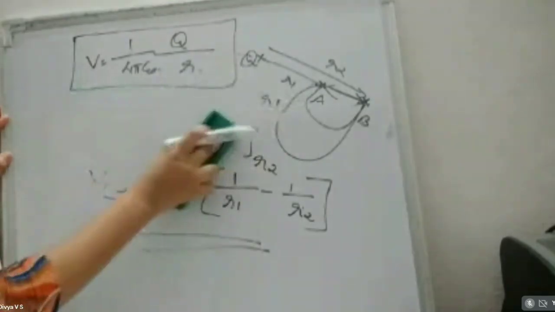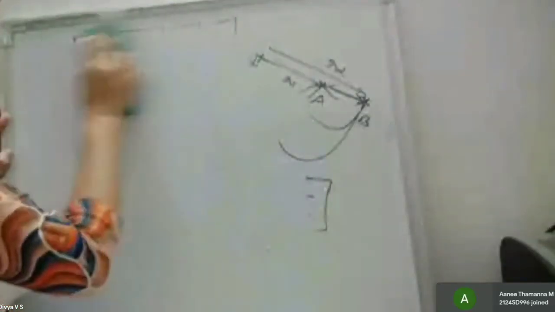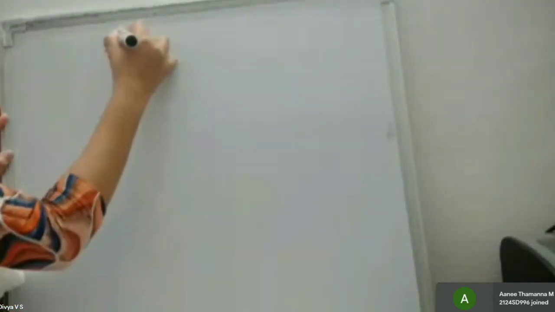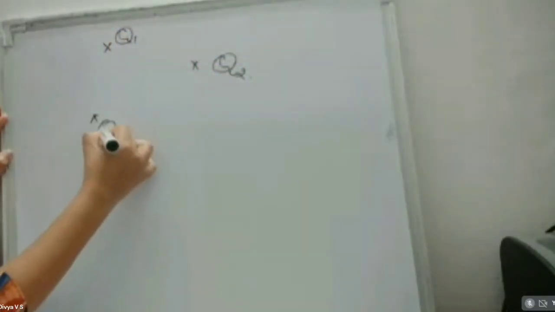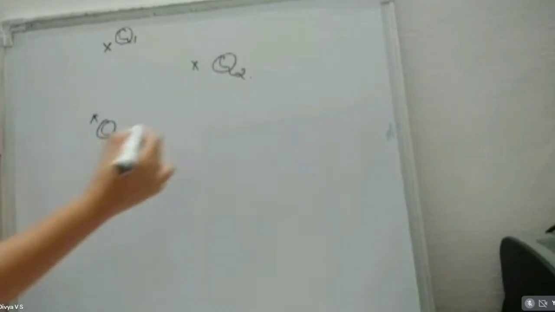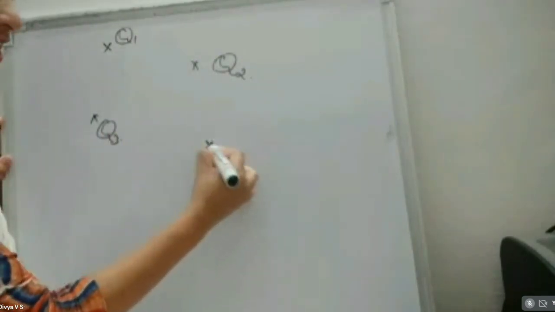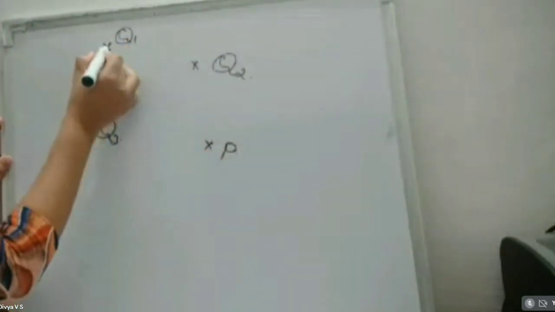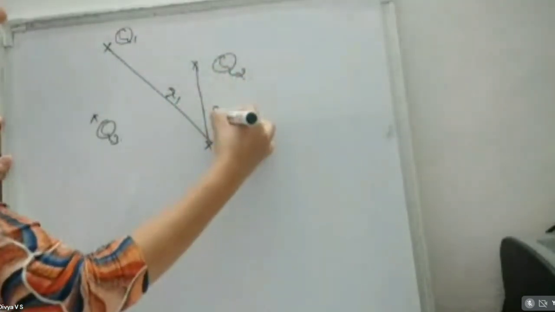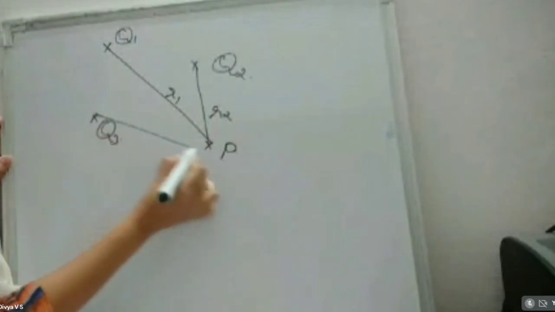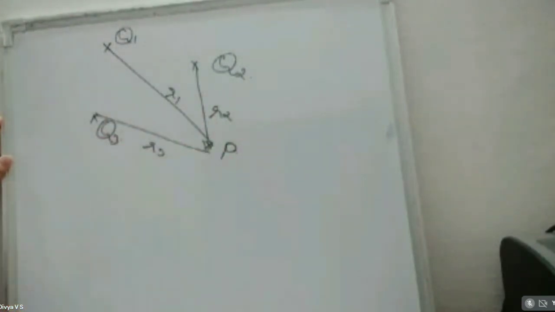Electrostatic potential due to a system of charges. If we have Q1 charge here, Q2 charge here, and Q3 charge here, we need to calculate the potential at a point P at a distance R1 from Q1, R2 from Q2, and R3 from Q3.